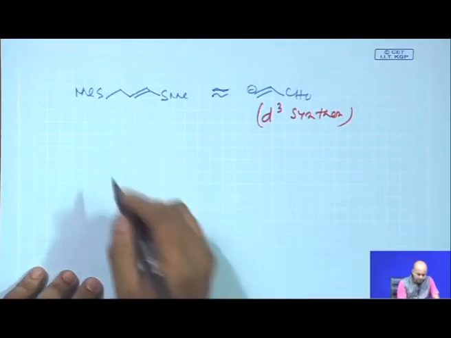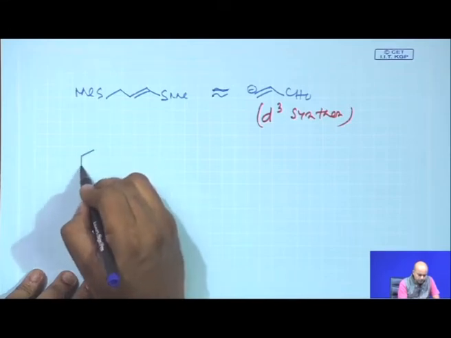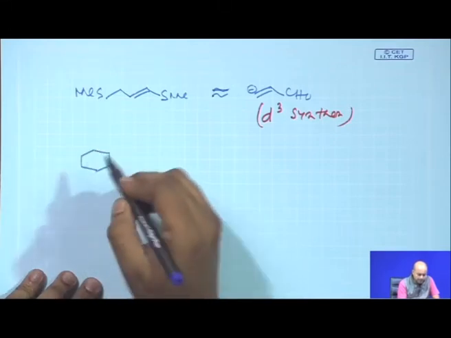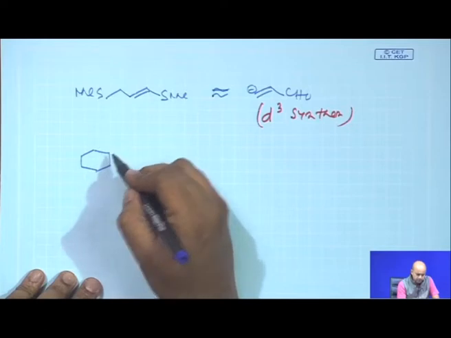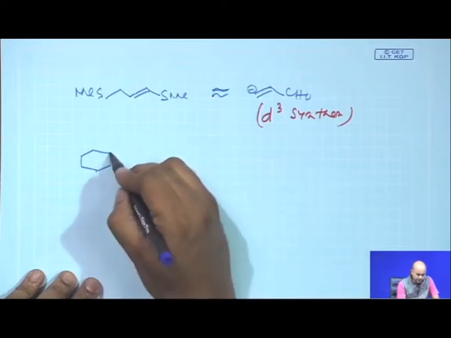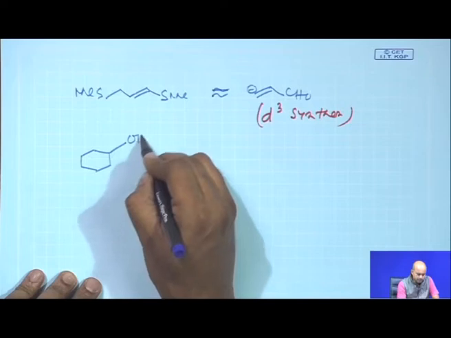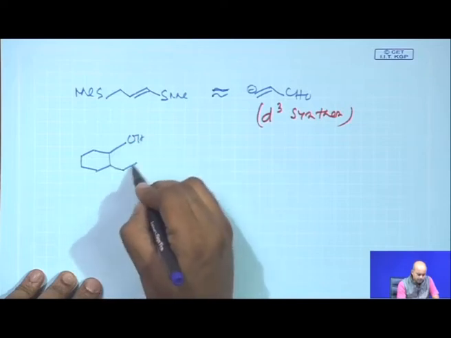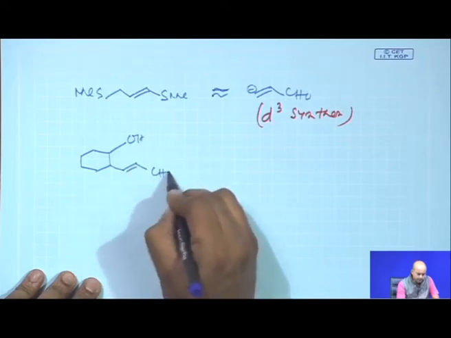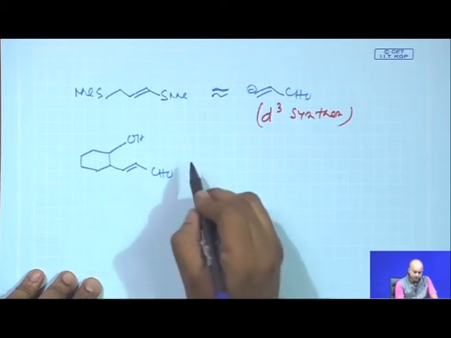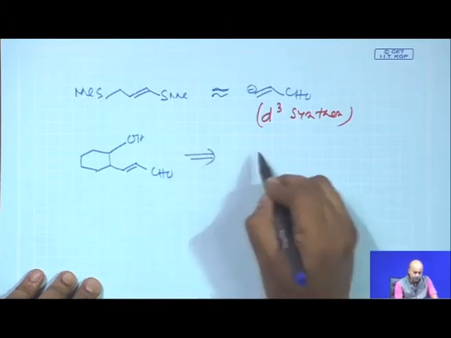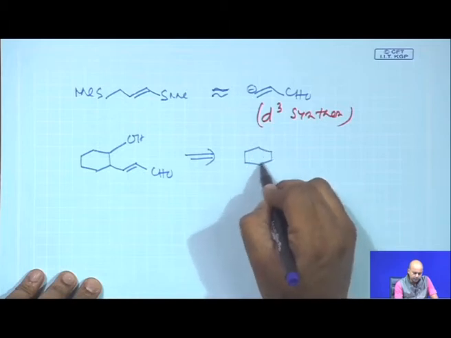In principle, this particular synthon was used in many synthetic problems. Probably I will give you the next problem, which is based on something like this, where I am asking how you can make this compound. If you visualize the target molecule, then you do the simple retro.